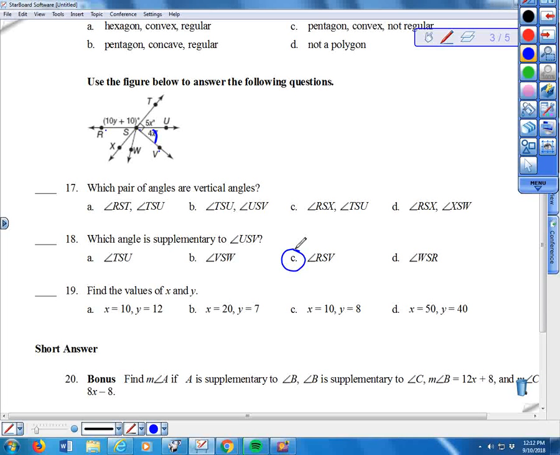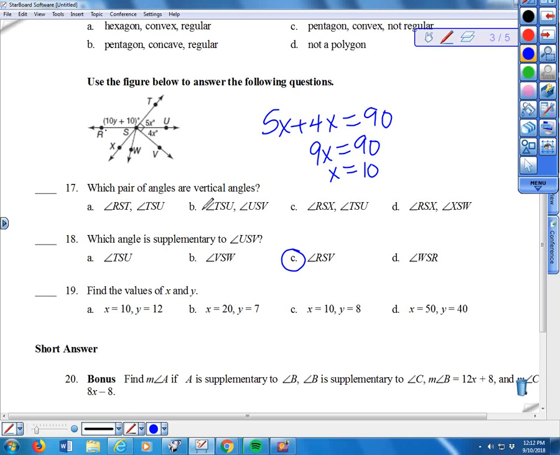Find the values of x and y. Well, how can I find x? What's the relationship between TSU and USB? They're complementary. They make a right angle, right? So what do I know about the sum of those two angles? Equals 90. So I just set up an equation. Right? So x is 10.